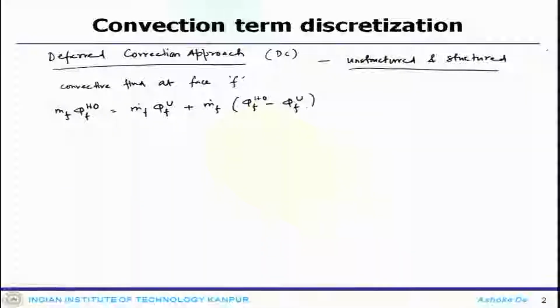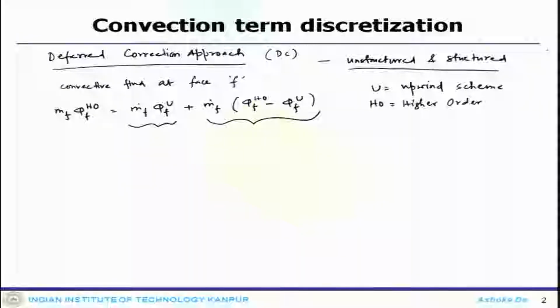Here U stands for upwind scheme and HO stands for higher order scheme. So, it is essentially a blending function of upwind scheme and higher order scheme.